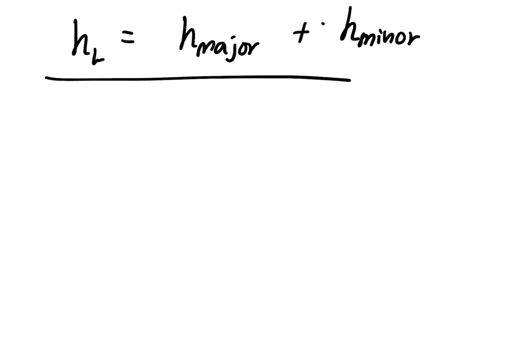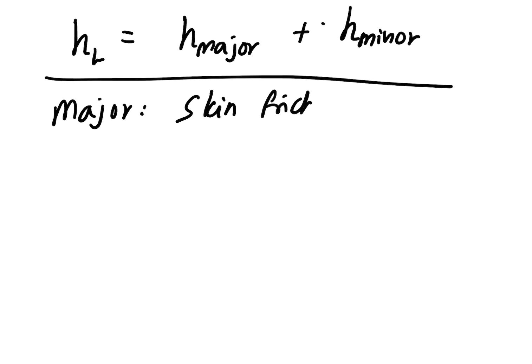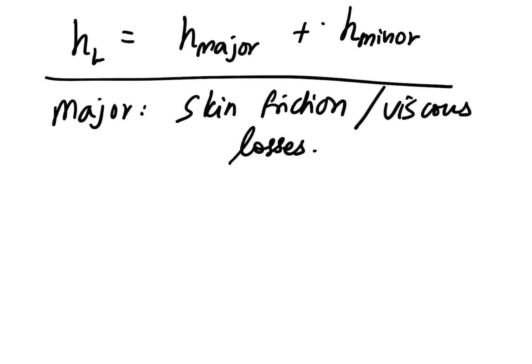We are going to split this task into two parts. HL, I told you, consists of a major loss coefficient and a minor loss coefficient. And major loss coefficient consists of skin friction or viscous losses.